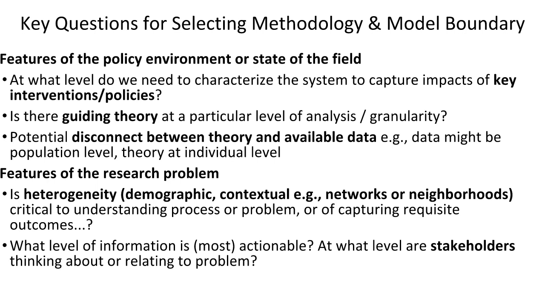And that may be demographic, it may be contextual, people at certain locations in the city or certain locations in a certain region or in a network have certain characteristics. You've got to be wondering, okay, is heterogeneity critical for understanding this process? Is it critical for describing it in a plausible way, for capturing the outcomes of interest?